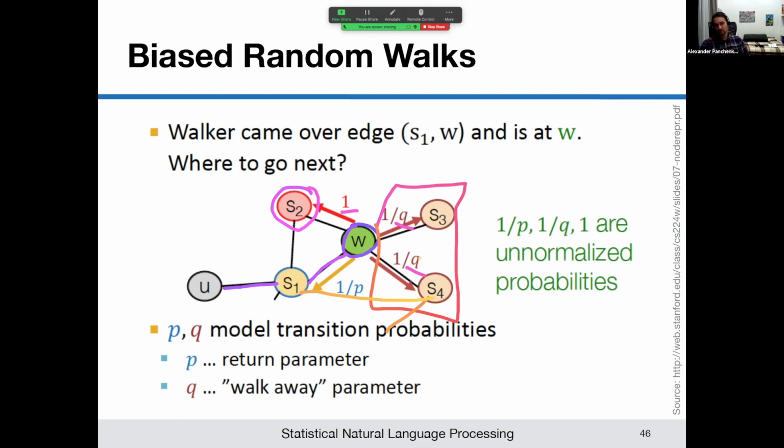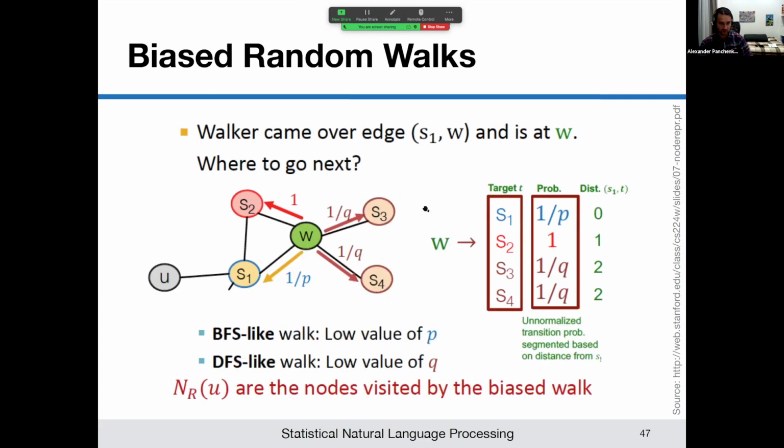So that's why these nodes which don't have a direct connection with this node are considered to move you away from the original node. So this is the main idea.